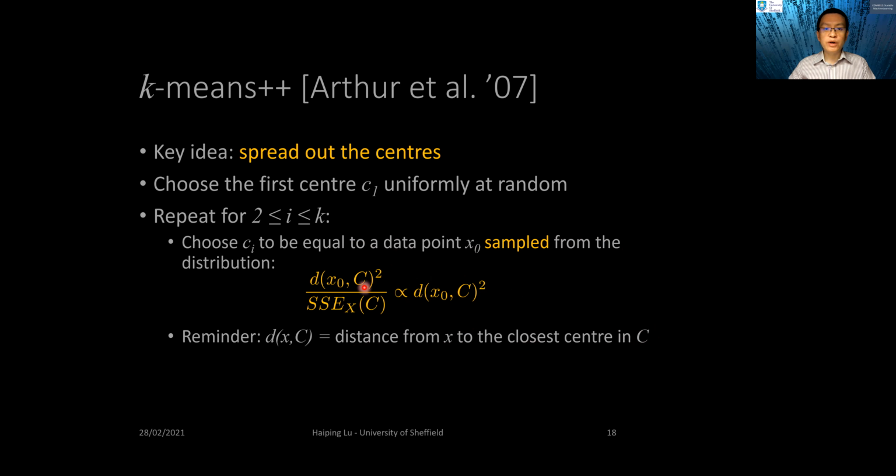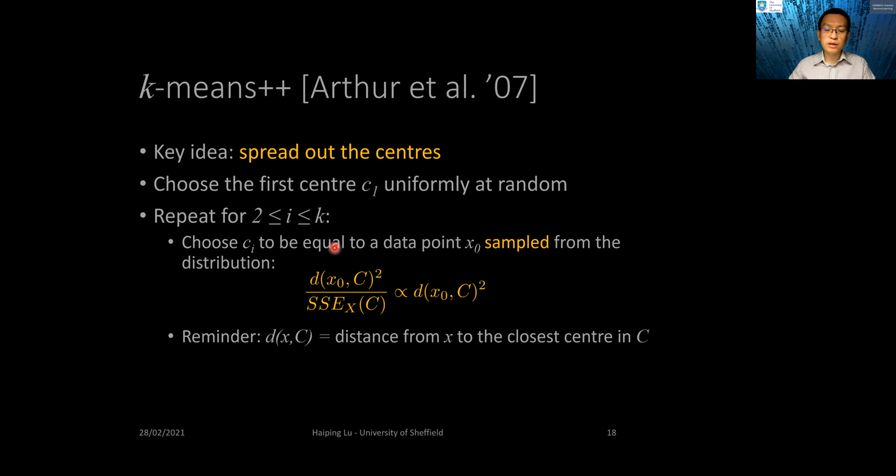And then we normalize it by summing the squared distances. Then we obtain a distribution, and we will sample from this distribution.